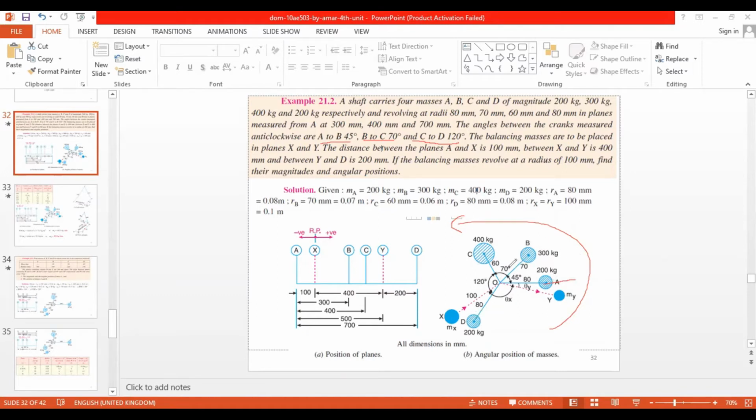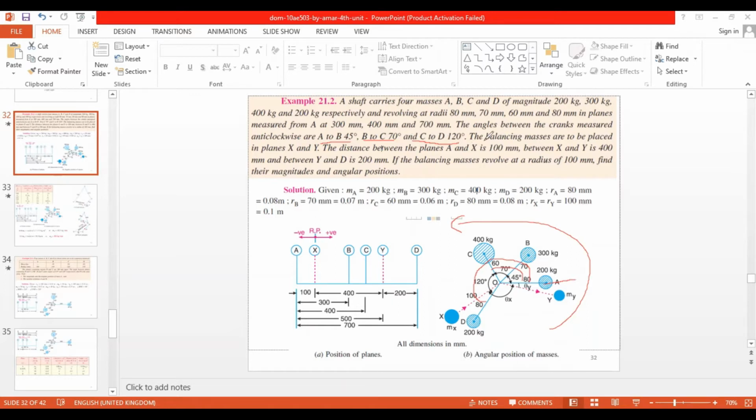So this sentence can be expressed in another way: from A, the angles for the planes B, C, and D are 45, 45 plus 70 which is 115, and 115 plus 120 which is 235 respectively. In that case, this is 45, this is 115, and this is 235. So you need to read the question carefully, as this data can be expressed in either way.